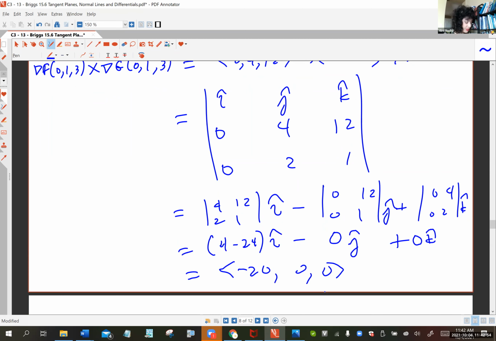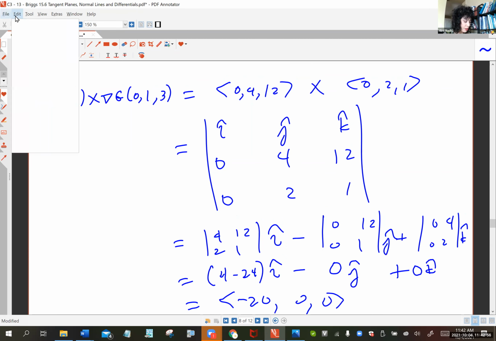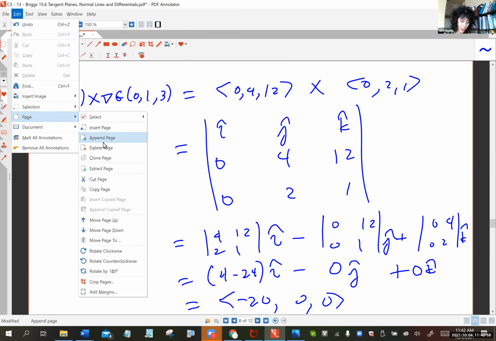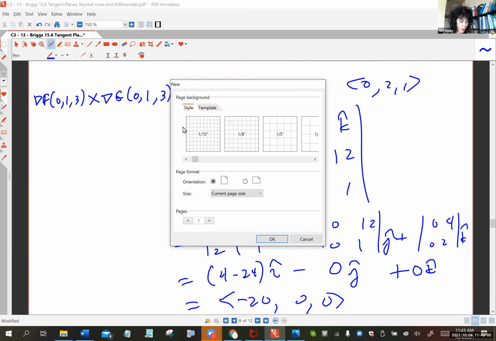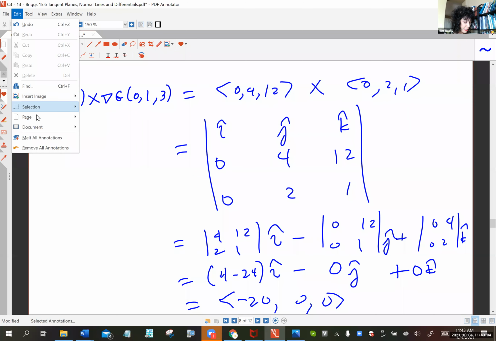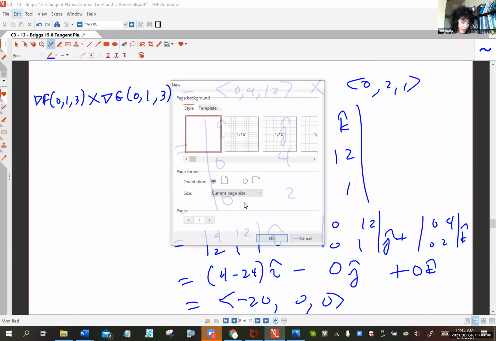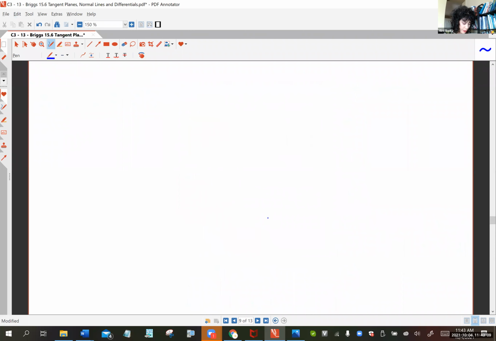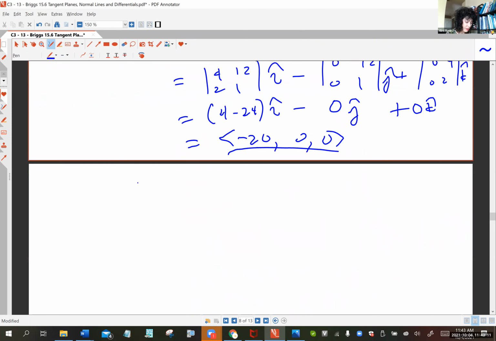Okay, we're almost there, because now we have all the ingredients to get the parametric equations for the line. So now you just put it all together. You've got the direction vector.